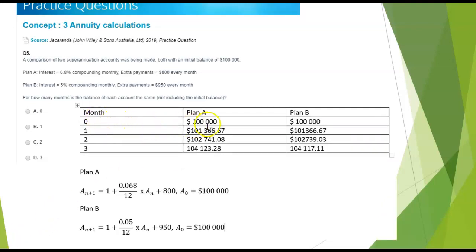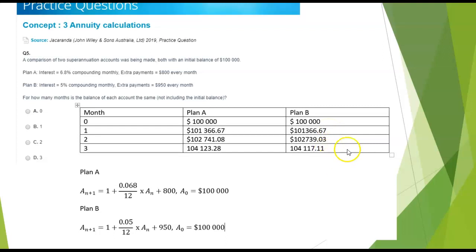So, plan A, at 0 months, it's $100,000. At 1 month, it's $101,000. 2 months, it's $102,000. 3 months, it's $104,000. Plan B, $100,000, $101,000, $102,000, $104,000.